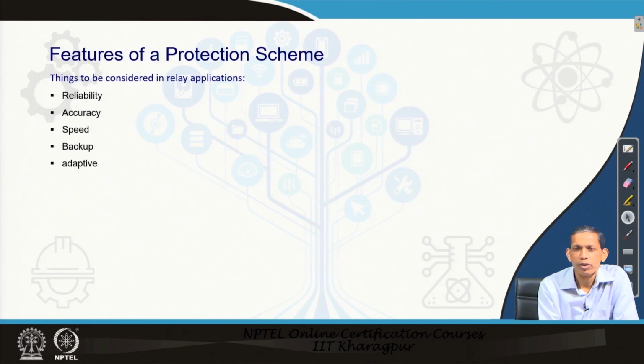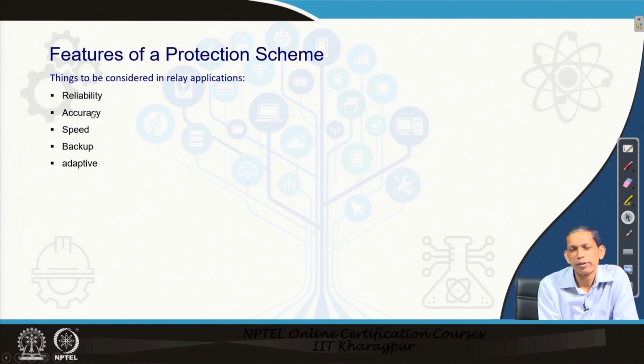The first important point is reliability. The protection scheme must be reliable, otherwise at times it may fail, which implies a dangerous situation and can lead to destruction in a system.